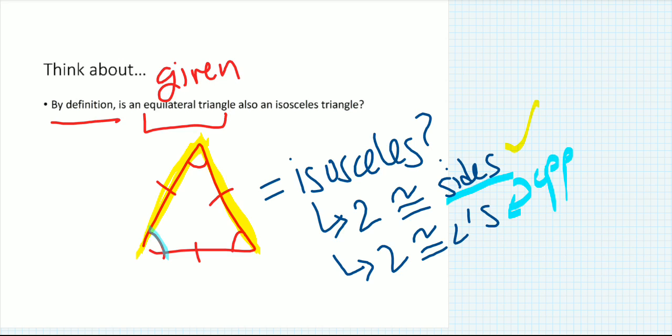So technically, this angle is this angle. Based off of my yellow highlighting and blue highlighting, we can answer this question. Yes, because you have the needed things for it to be considered an isosceles.